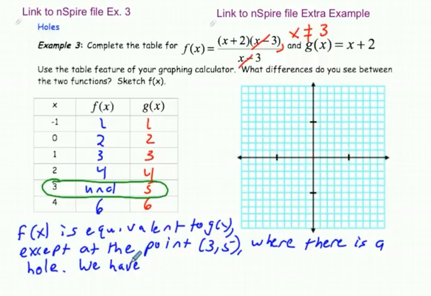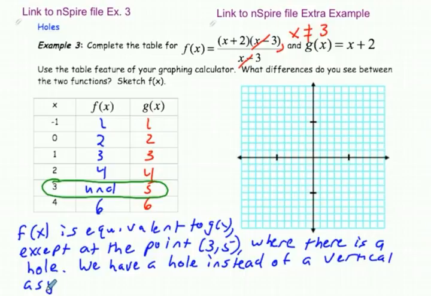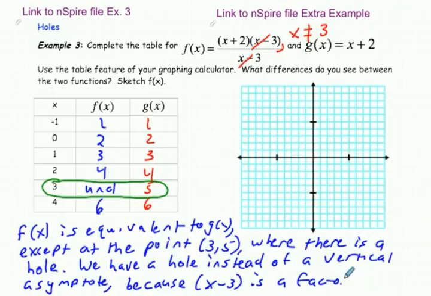So we have a hole instead of a vertical asymptote, because x minus 3, that factor, is a factor of greater than or equal multiplicity in the numerator as in the denominator.